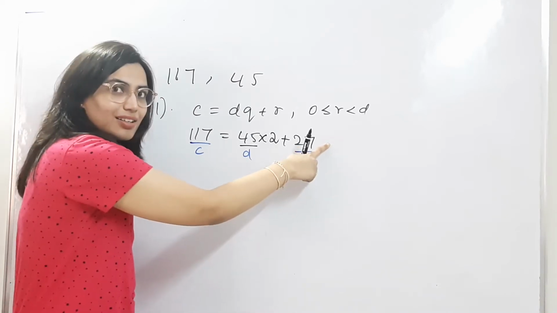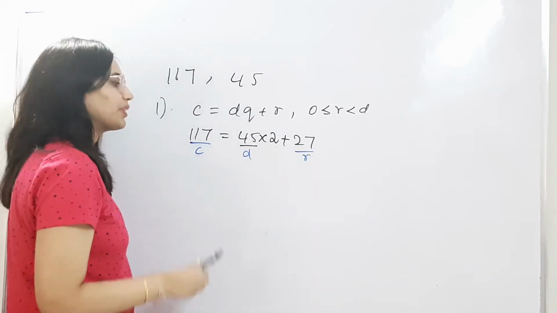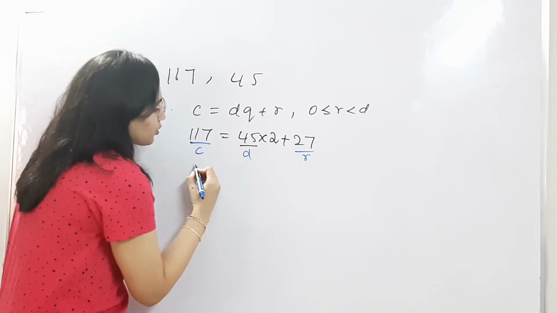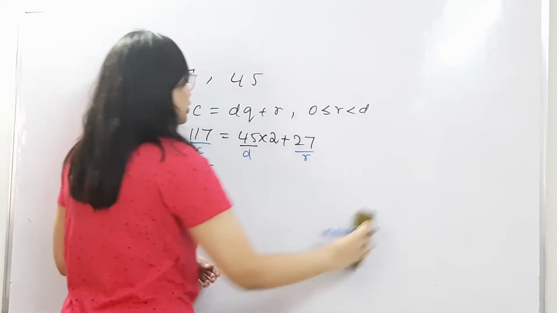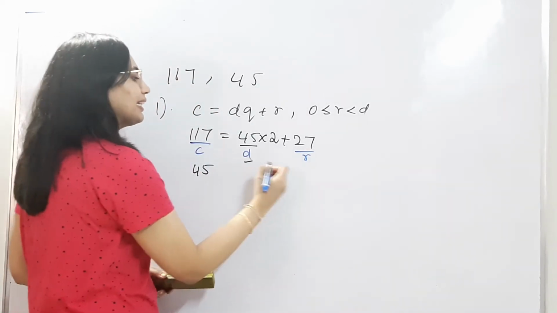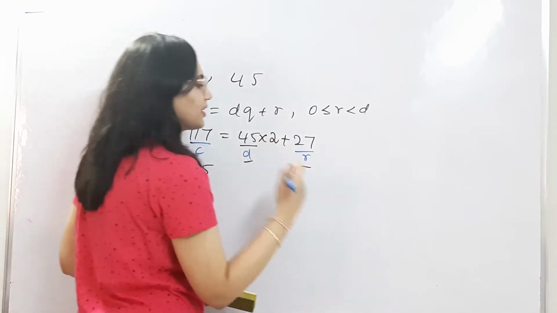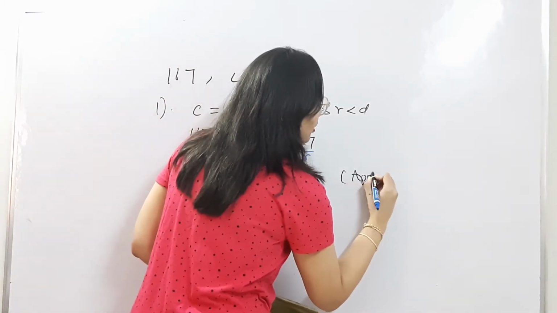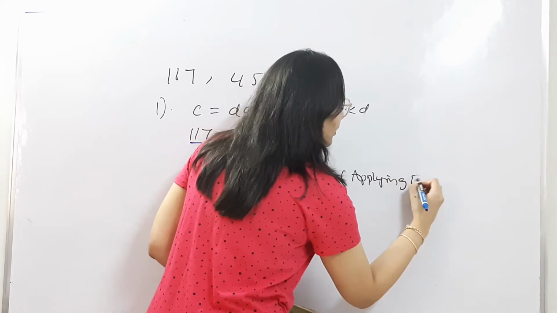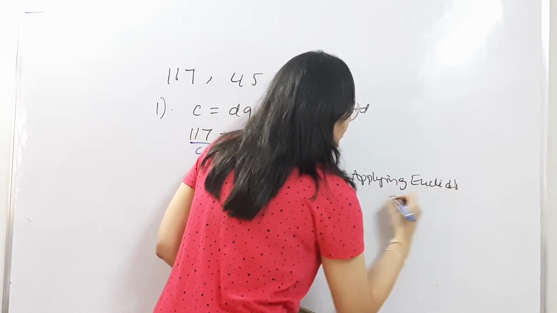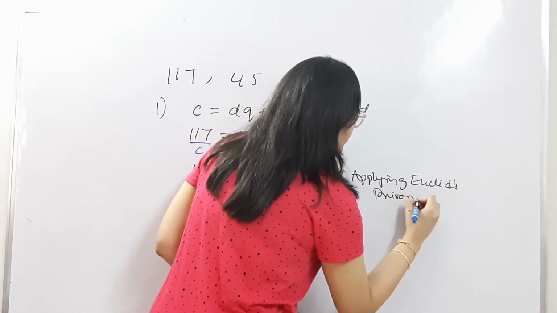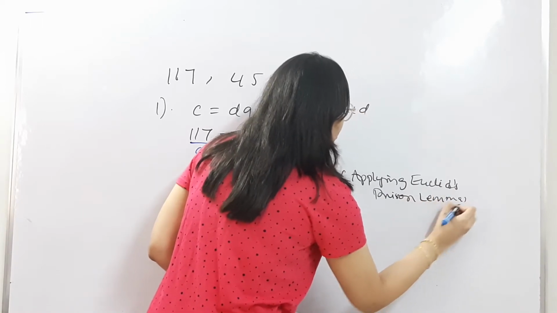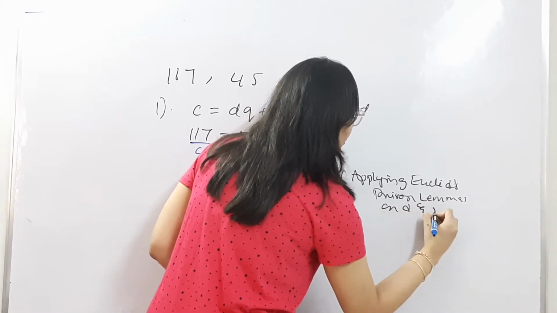Until we get R equal to 0, we'll keep on doing this process. Again, what do we need to do? We need to apply Euclid's division lemma on D and R until we get the remainder as 0. So, we are applying Euclid's division lemma on D and R.